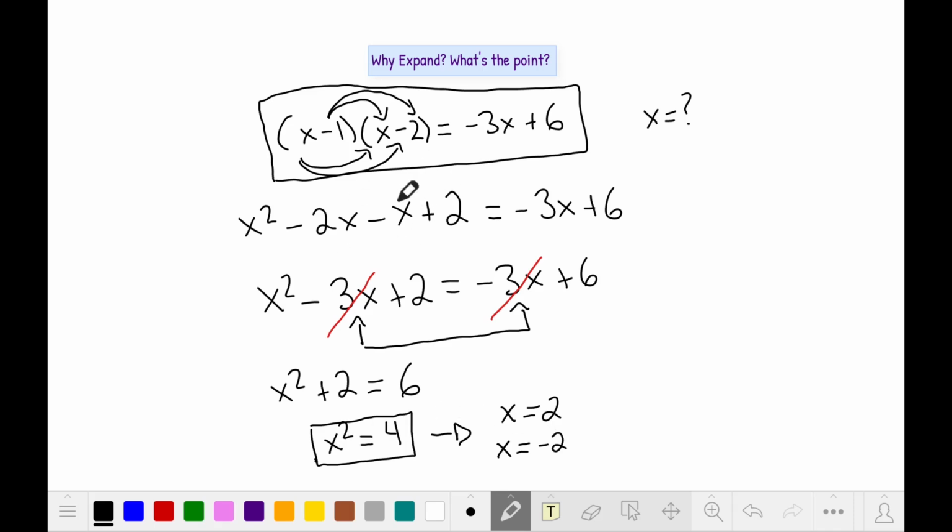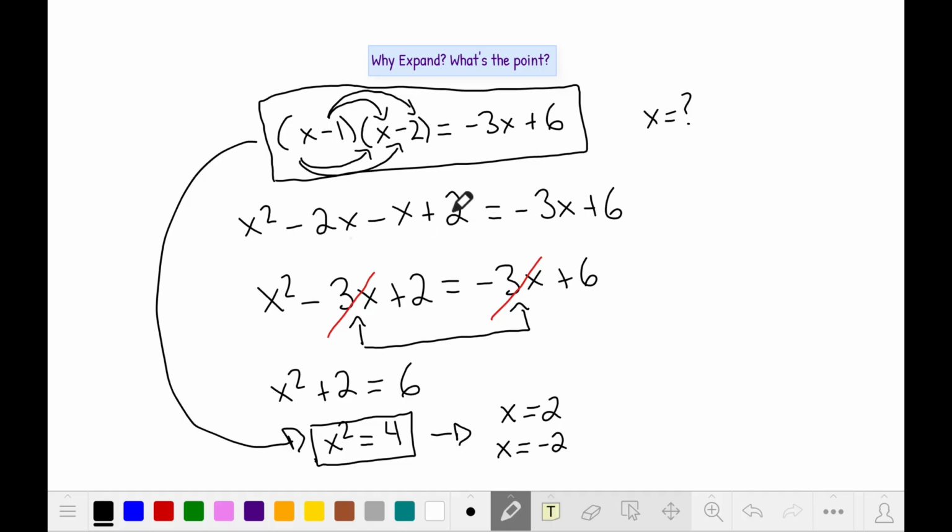So in this case, expansion let us take a really gross, ugly equation, and it helped us come up with a really easy way to solve an equation. So why expand? Because sometimes you've got a mix of terms. Sometimes you've got a bunch of x terms on the left-hand side and some x terms on the right-hand side.